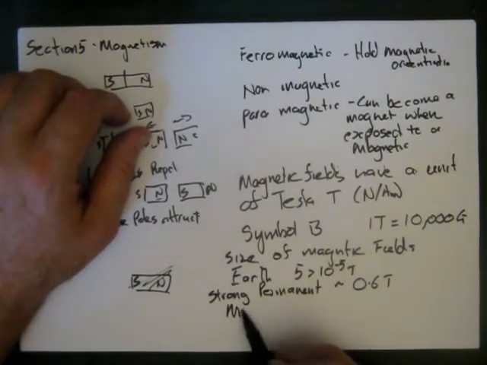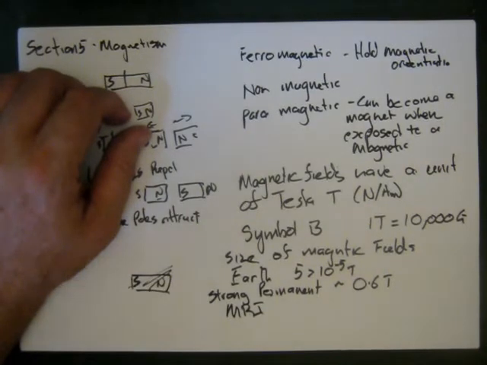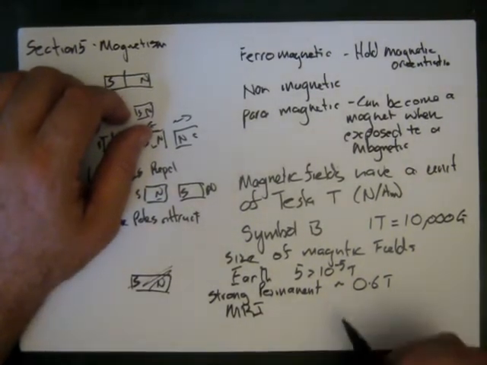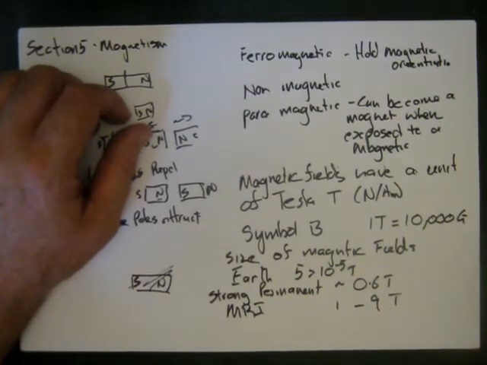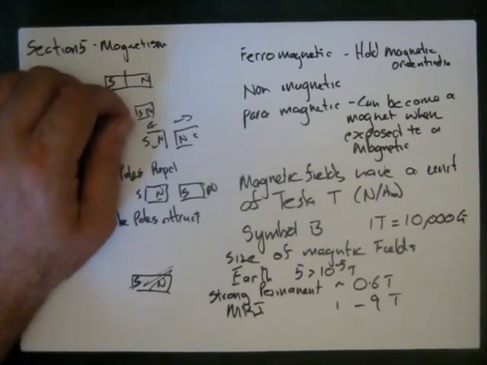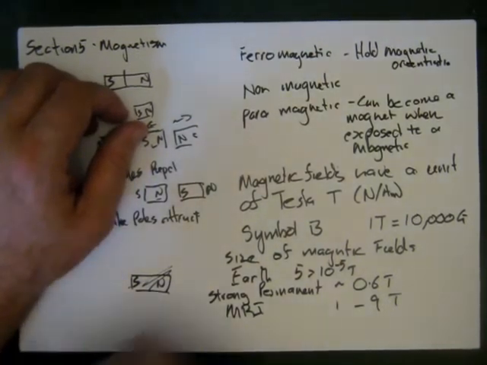If you go up to the hospital and get an MRI, they can be between 1 and 9 Tesla. We have made them up to 200 Tesla. We can make much stronger magnetic fields than that, but it usually involves detonating a nuclear weapon, so that's pretty much out of it.